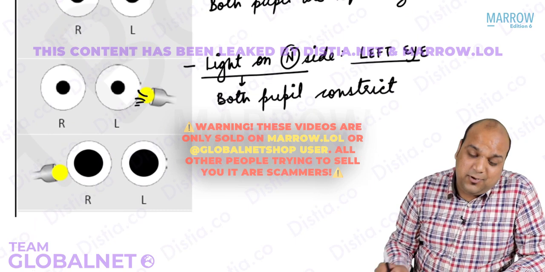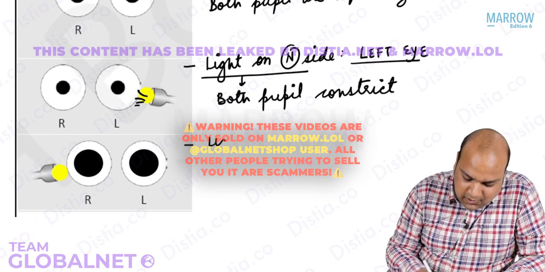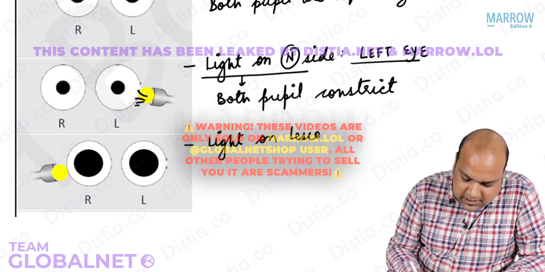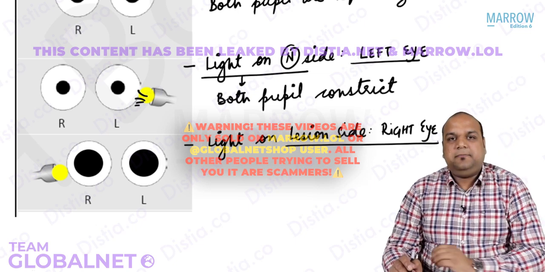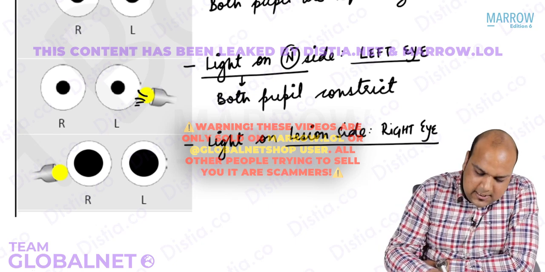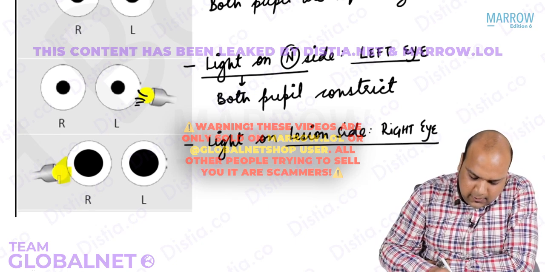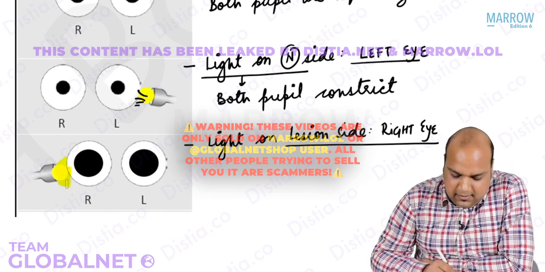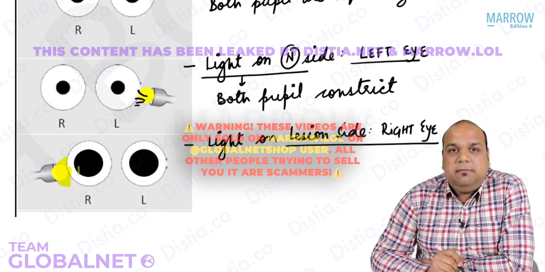That means the difference has to come when we throw light on the lesion side. And the lesion side is the right eye. As soon as we have thrown light on the right eye, based on the image, what can you see?